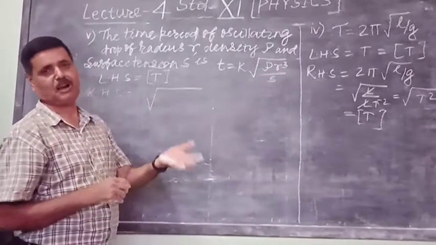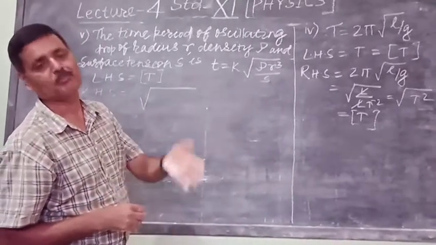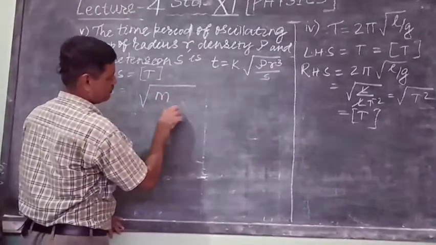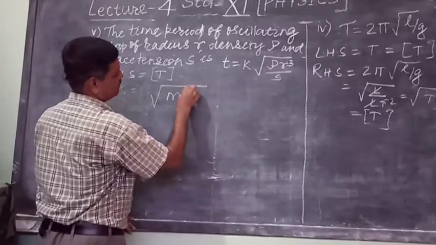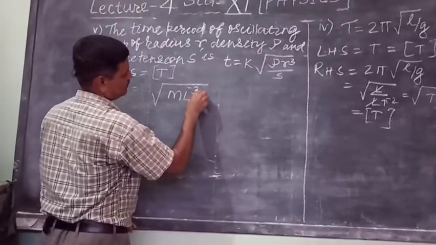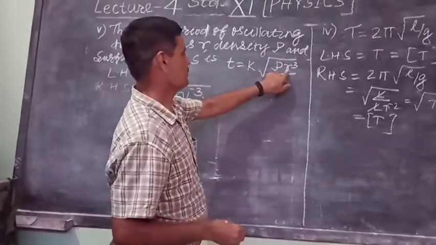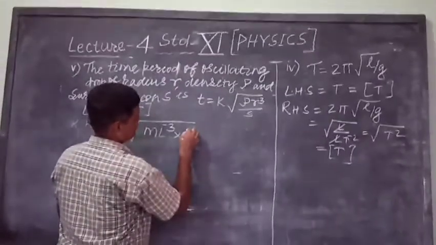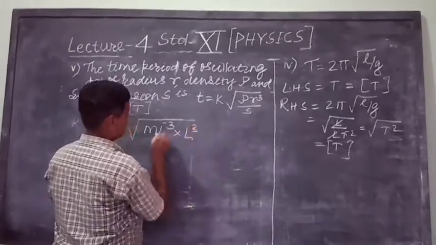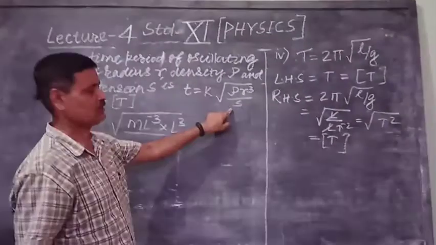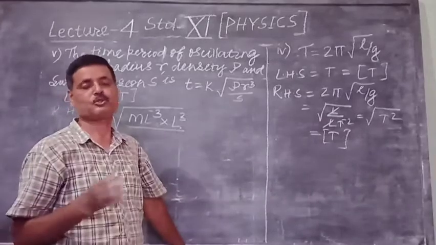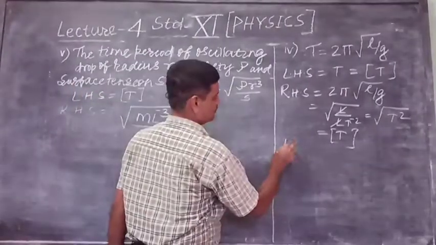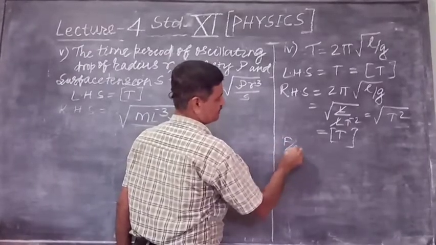Density means mass per unit volume. Mass by volume is ML^-3, into r^3, the radius cubed, so it will be L^3. And this term is surface tension, force applied per unit length, force by length.